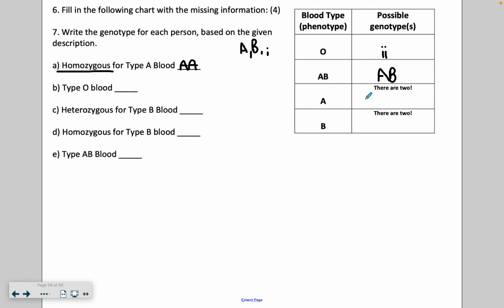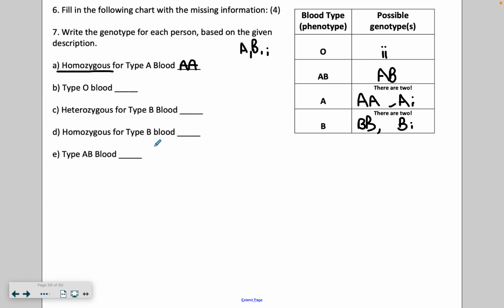If you're blood type A, there's 2 ways. You could be homozygous dominant, so we can say big A, big A, and the other way is big A, little i. B, there's 2 ways. You could be homozygous dominant, big B, big B, or big B, little i.